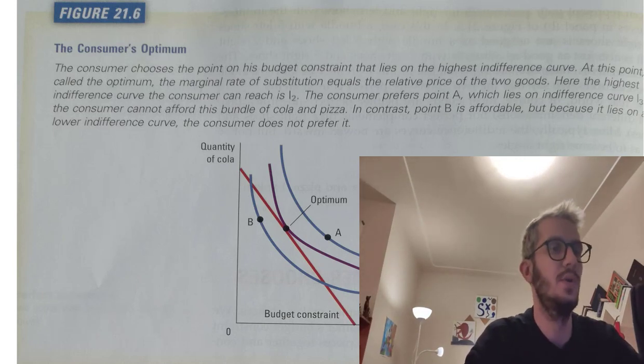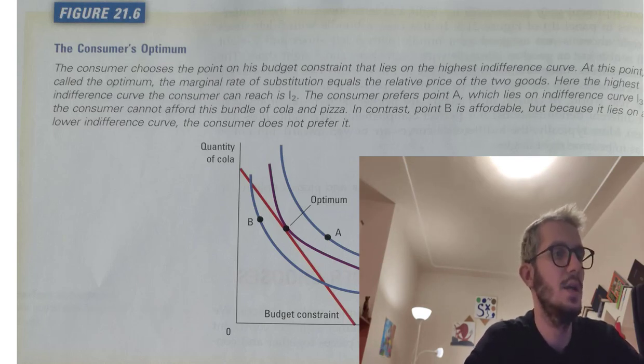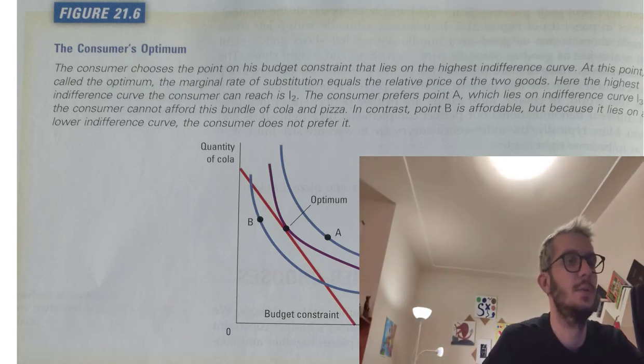The consumer prefers a point on the higher indifference curve, but maybe he cannot afford that one. Point B, which is on a lower indifference curve, is affordable. But because it lies on a lower indifference curve than his budget constraint, he does not prefer it. He prefers the one on his budget constraint.